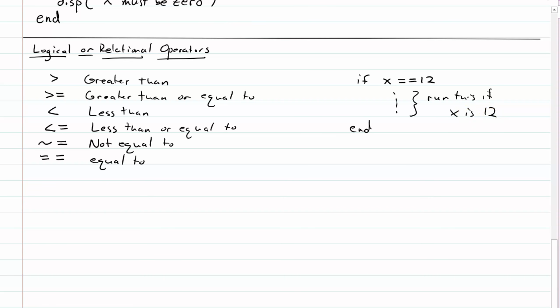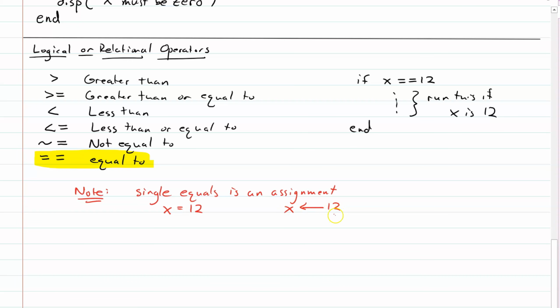The single equal sign is an assignment operator. So the single equal sign tells me to store the value of 12 into x. So it's important to notice that if I want to test if something is equal to another thing, use the double equals. So note, single equals is an assignment operator. So if I type something like x equals 12, that means store the value of 12 in x. I like to think of the single equals as being like a left pointing arrow.